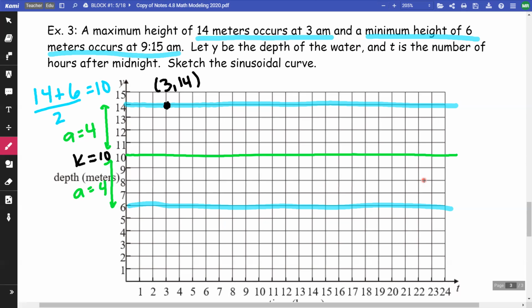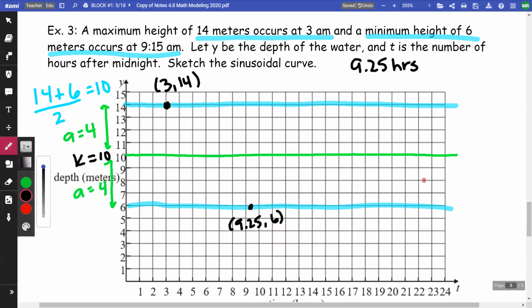So if it's at 9:15, that's going to be 9.25 hours, and that's going to be a low. It's hard to tell from my graph, so I'm going to write 9.25, 6. That's where that is.